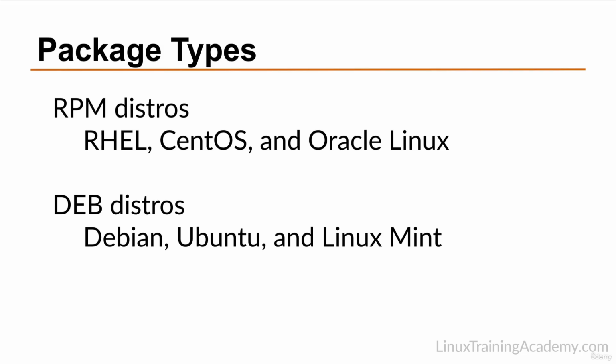Now here's a little obscure and fun fact. The name Debian is actually the creator's wife's name and his name combined, that being Deborah and Ian, so he called it Debian. Of course, there are other distributions that use these package types, but these are the main ones you will likely encounter at home and in the workplace.